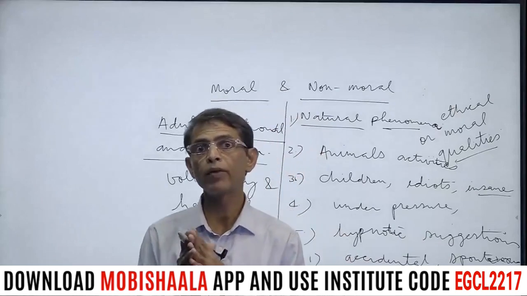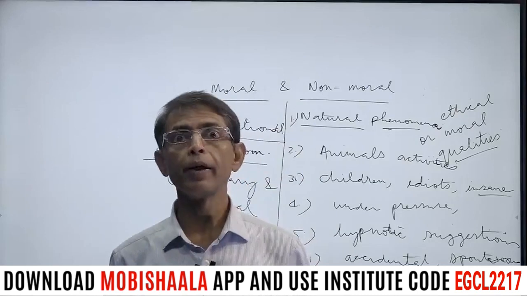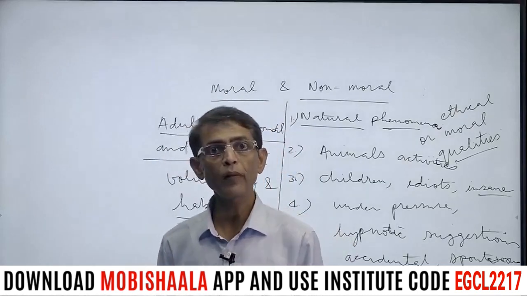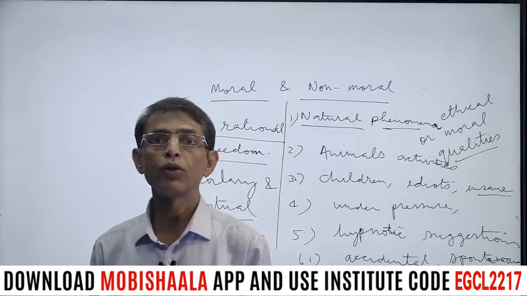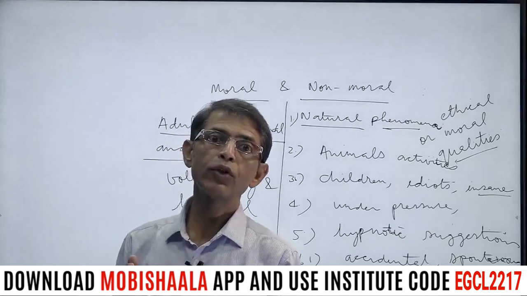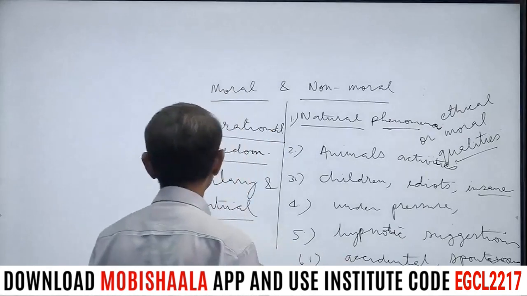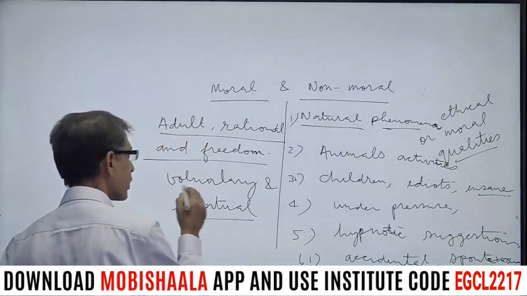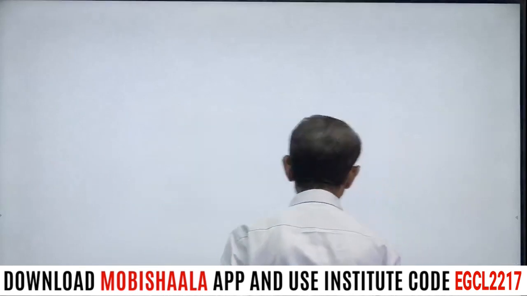Before becoming fixed as a habit, it has been repeated many times, and this decision has been taken many times. As you know, the definition of habit is the disposition of will. Again we will come to this habit, and now we have to discuss what is voluntary action.